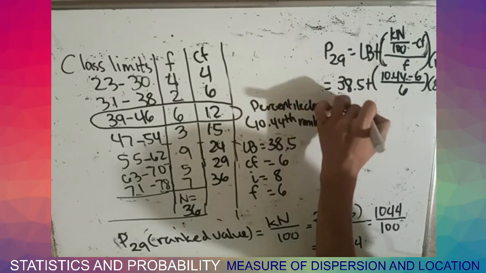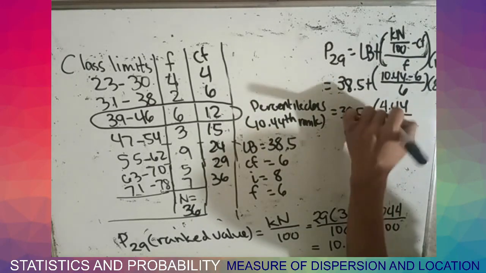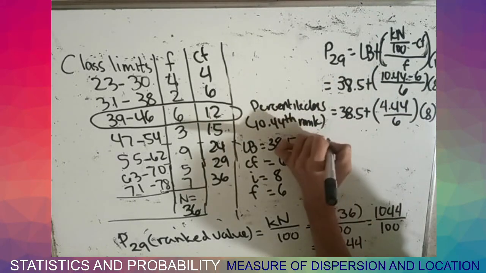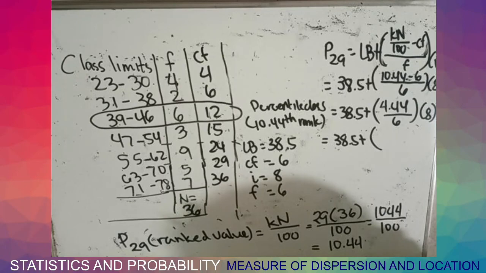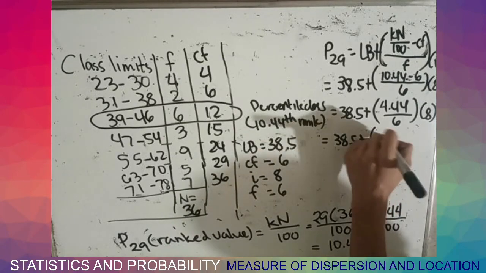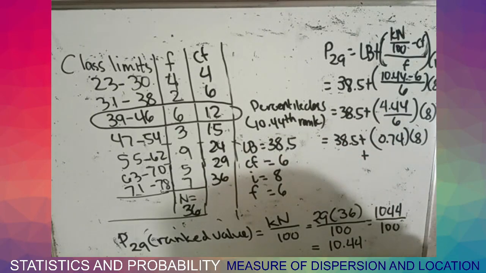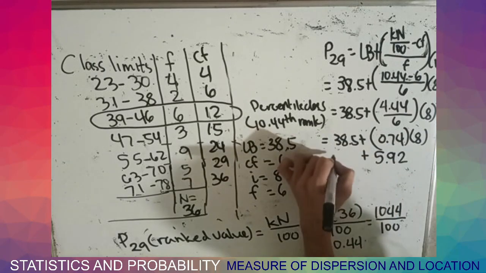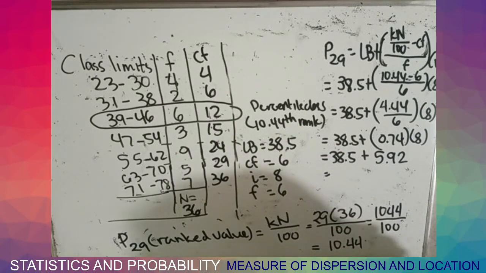So 38.5 plus 10.44 minus 6 will be 4.44 divided by 6 times 8. Divide natin si 4.44 sa 6, ang sagot dyan ay 0.74, times 8 will be 5.92, plus 38.5.